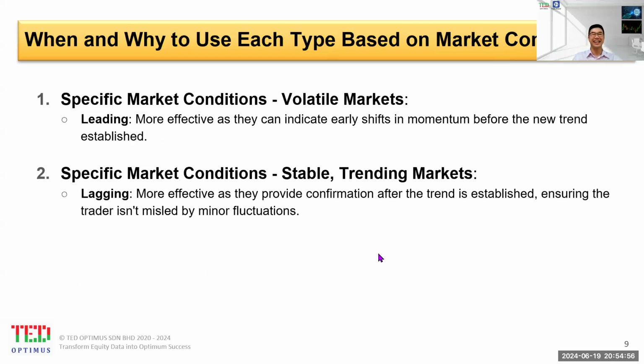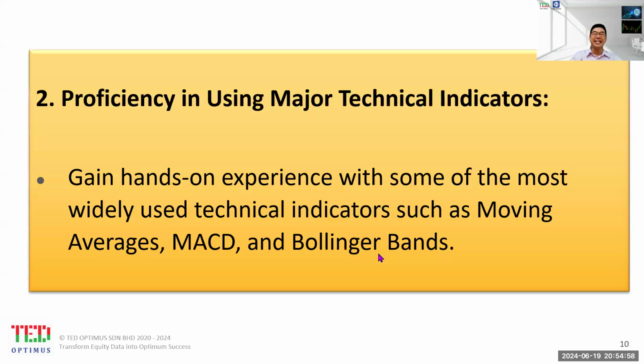Okay. So our second point is to gain hands-on experience with some of the most widely used technical indicators. Afterward, I will use an actual chart to show you the moving average, MACD, Bollinger Band. To me, these are the few most reliable, most trustworthy, and most useful, plus I would say most easy to understand.